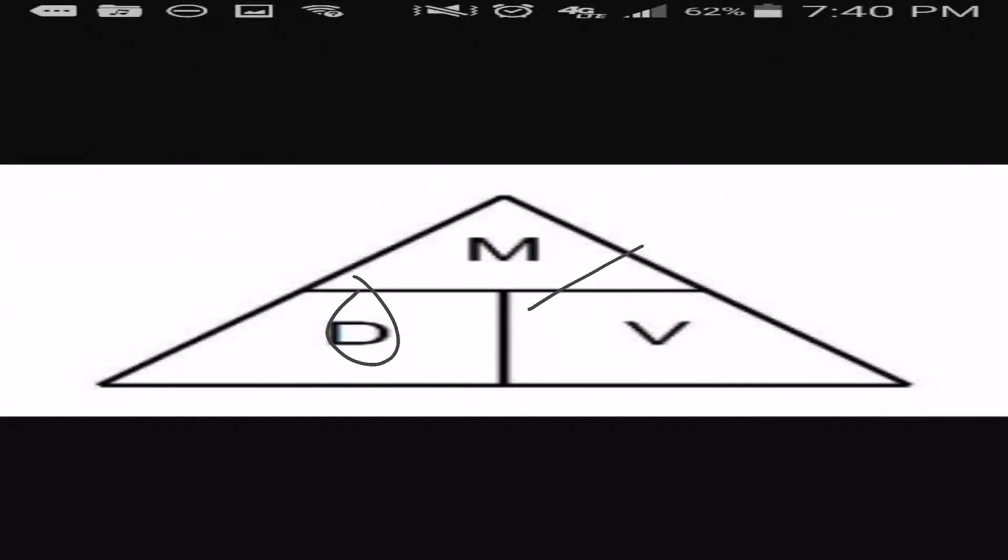I showed you in class other ways to derive that equation, so you could say the same thing: volume is equal to mass over density. So volume equals mass divided by density. And you could find mass: mass is equal to density times volume.